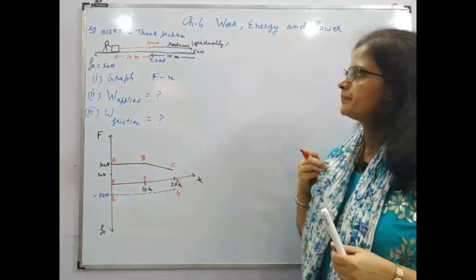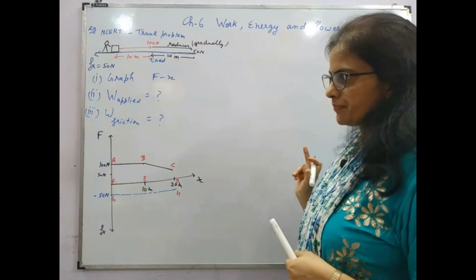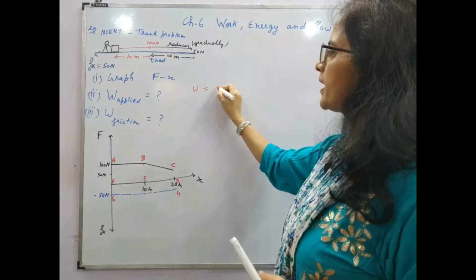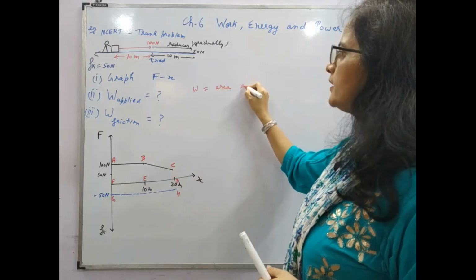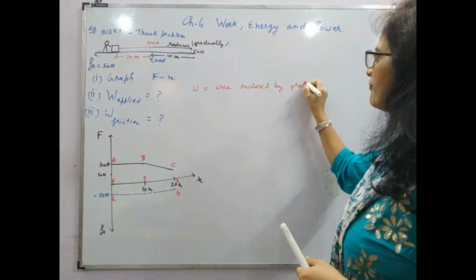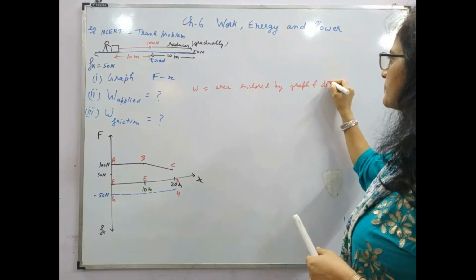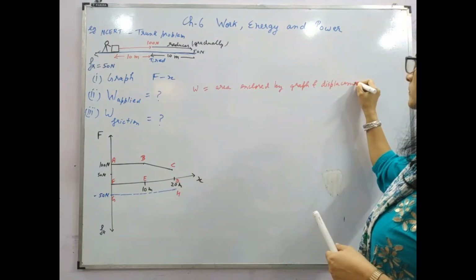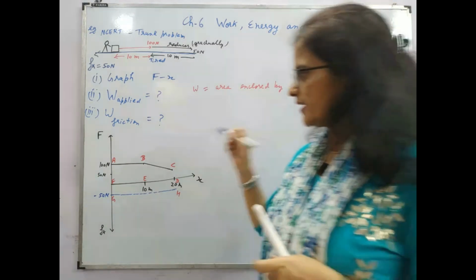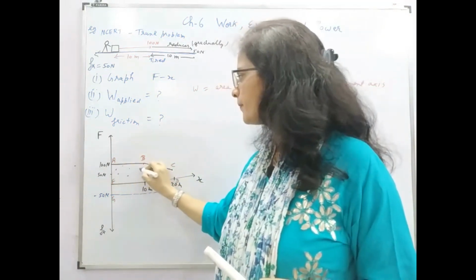The graph is clear. You have to find the work done by applied force. We know that work is given by the area enclosed by graph and displacement axis. So if we look at this, what will be the area?